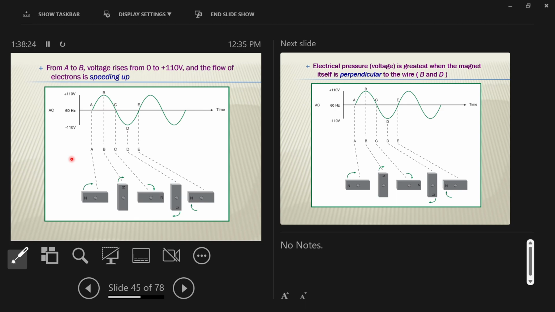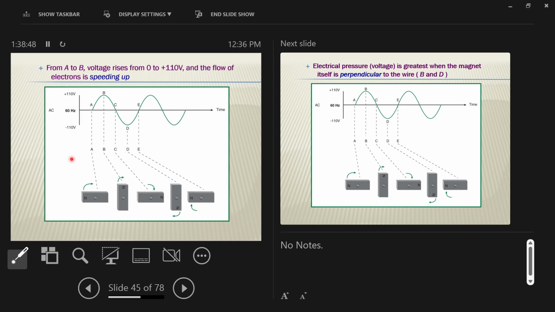That's shown as the crest of the positive pulse. When the magnet is pointing straight up towards the bar, it's closest to the bar at that point, right? So it has the most push or pull, and that's the crest of the wave. And as that magnet continues to rotate, shown here, back to horizontal, we're back to no movement at all, okay?